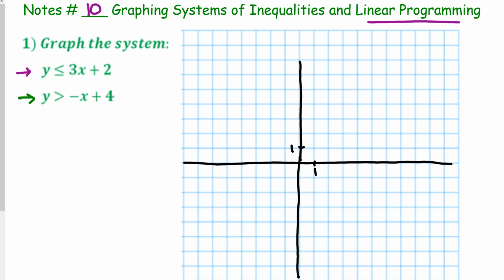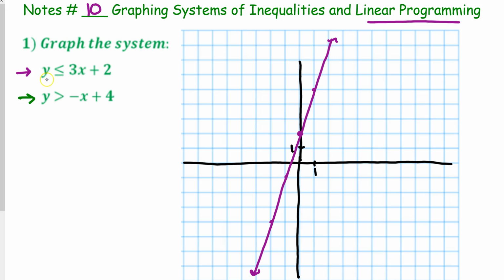Okay, so for the first line, we're going to draw the line first: y equals 3x plus 2, y-intercept of 2, slope of 3. Let's get a few points in place. Because we have less than or equal to, because of the equals to, we'll make a solid line, not a dotted line. Now I'm going to figure out which direction to shade, but I'm not going to shade until I draw the other line.